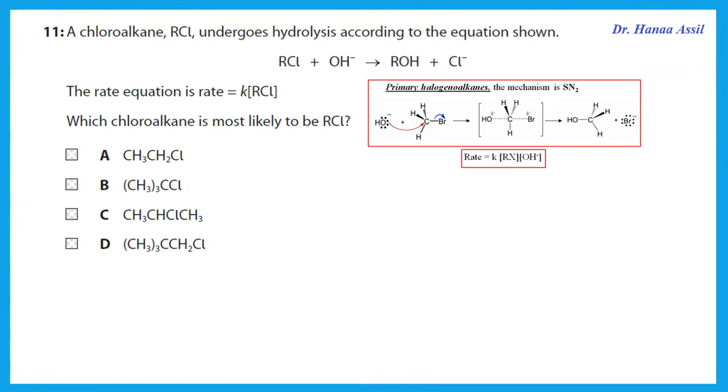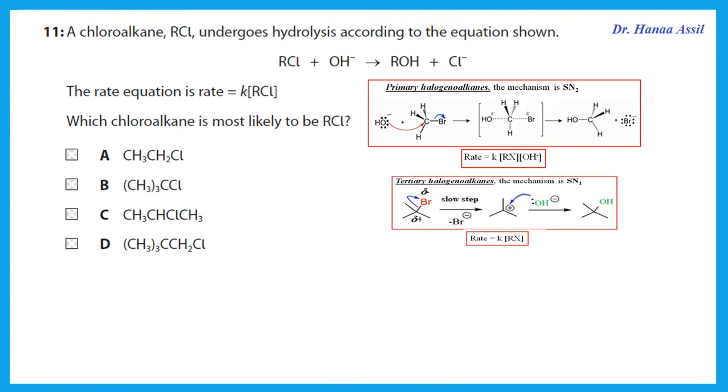But this is if we have a primary halogenoalkane, and this is SN2. But if we have a tertiary halogenoalkane, we said the Br leaves first in the slow step to form a carbocation, then the hydroxide attacks. So the rate equation depends only on the concentration of the halogenoalkane.